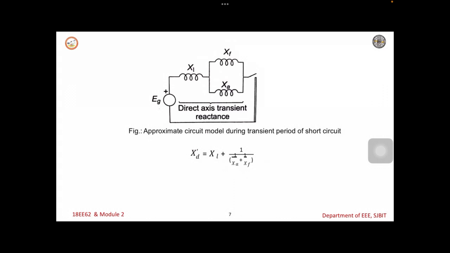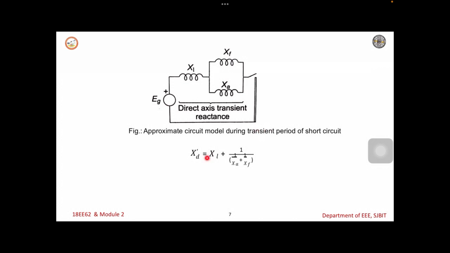Effectively, XDW becomes open circuited, and the resulting reactance is called the transient reactance. In this transient reactance, the damper winding reactance value vanishes, and therefore the reactance offered will be much more compared to the previous one, and because of that the current will be less.